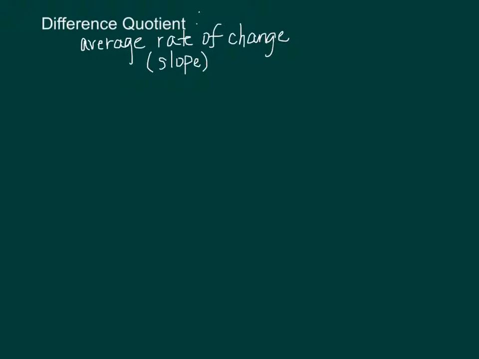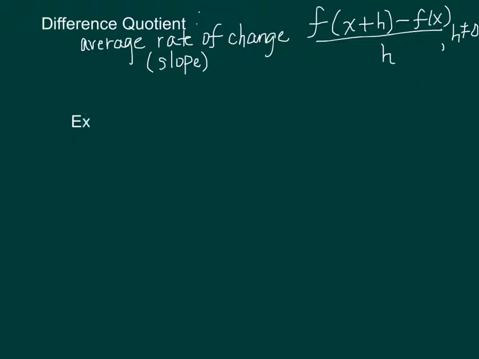And this is the difference quotient formula, and you need to get to know this. And h can never be 0 because you can't divide by 0. So we're going to use this difference quotient to help us simplify different functions. And then we'll learn about the meaning of it later.